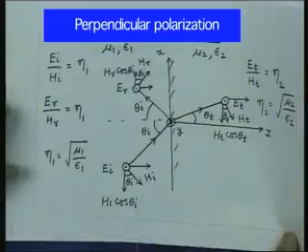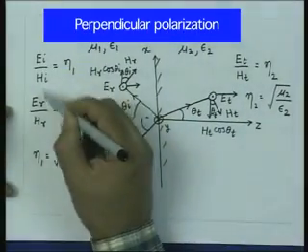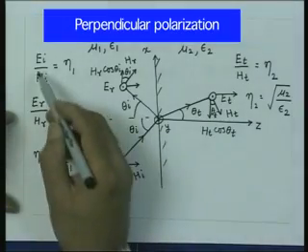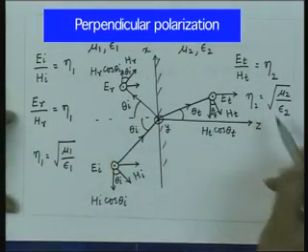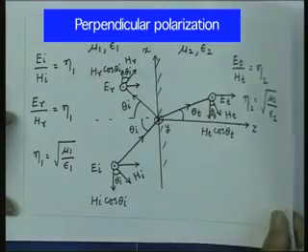And we now know the relation between E and H. So I can substitute for H, which is Ei upon eta 1, Hr is Er upon eta 1, and Ht is Et upon eta 2.